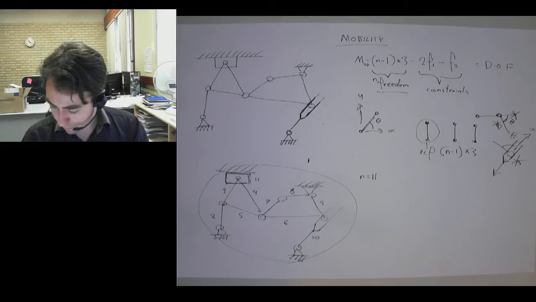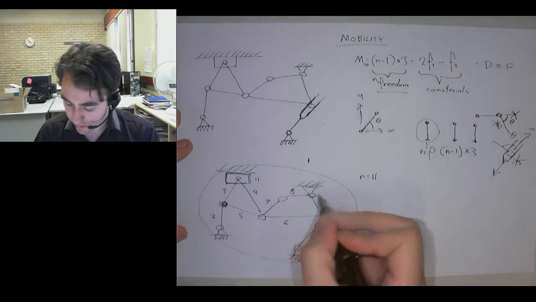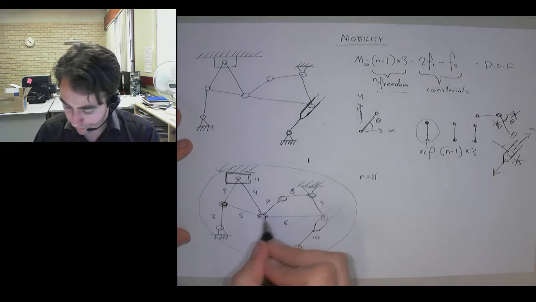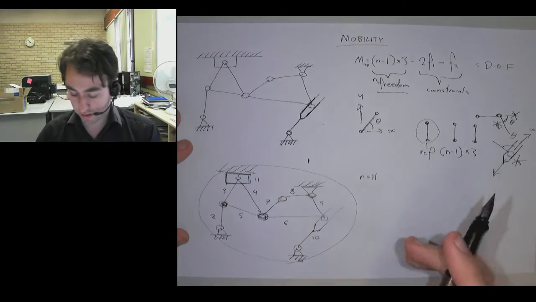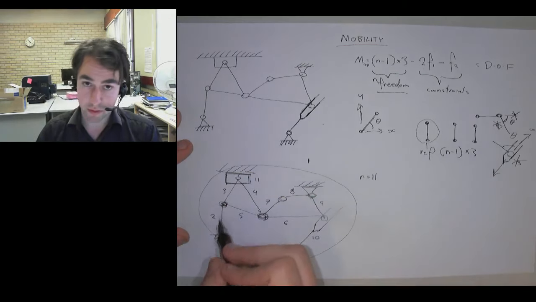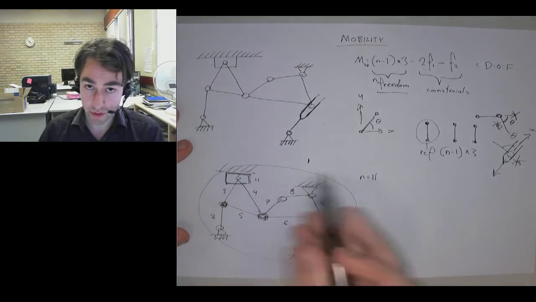So now, moving on to joints, you might have noticed here, some of these situations, say these 4 here, are going to have situations where you've got more than 2 links connected at one point.